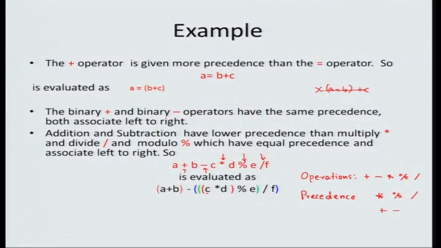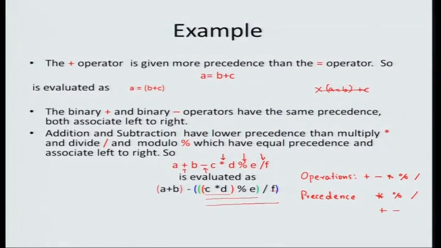Therefore, according to the associativity rule, I will do C star D first, then that modulo E, and then that divided by F, because that is what the left to right associativity says. So by precedence we will know that these three operations have to be done first. Among them, star occurs first when you scan from left to right. So C star D has to be done first, and then the modulo operation, and then the divide operation.